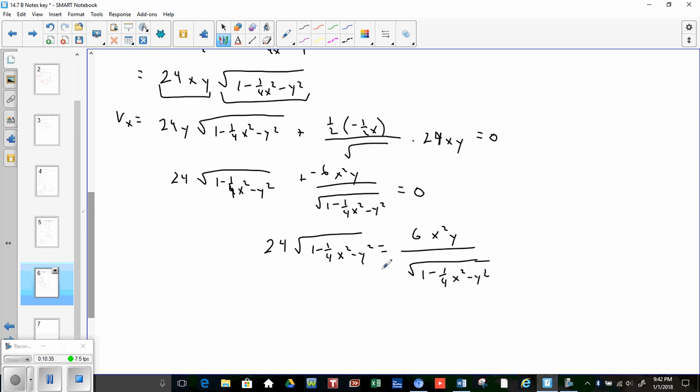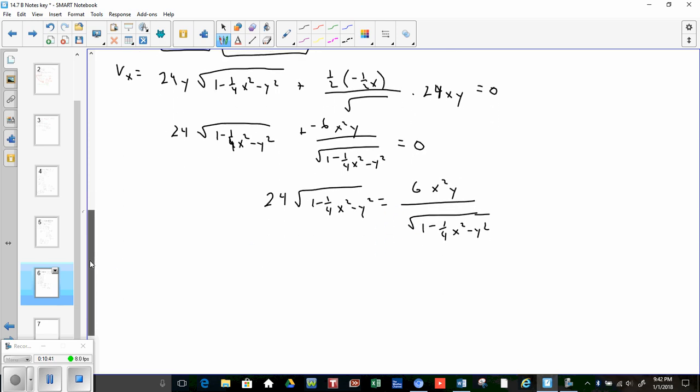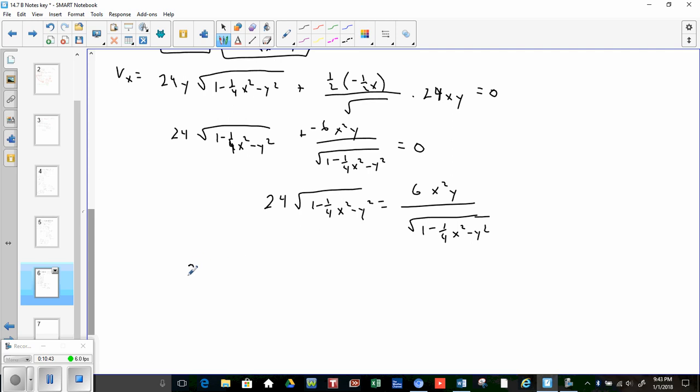So if I multiply the square root on both sides, this square root right here is going to go away. So I'm going to end up with, let's see, that's 24. Multiplying these two square roots together is just going to give me 1 minus 1/4 x squared minus y squared equals 6x squared y.